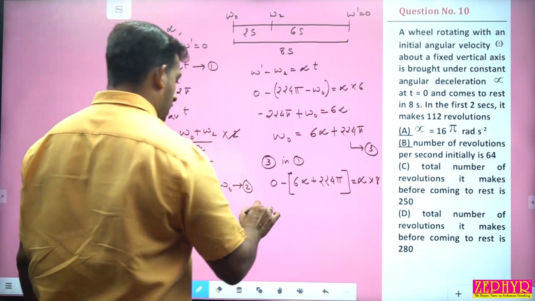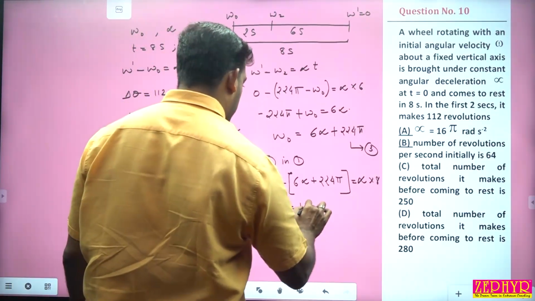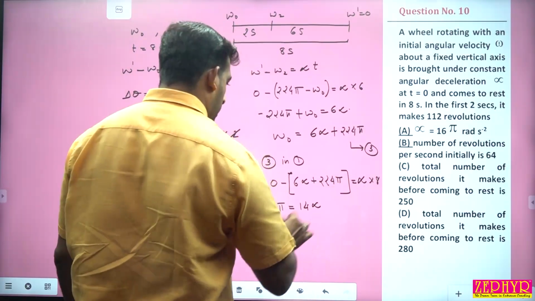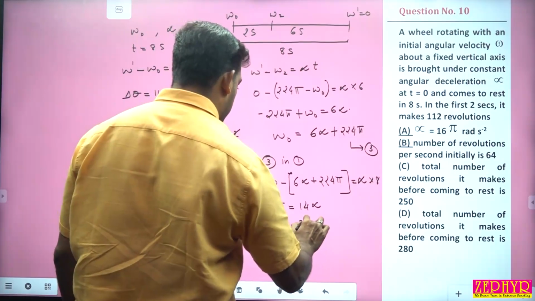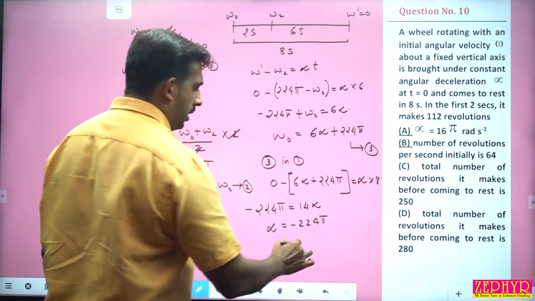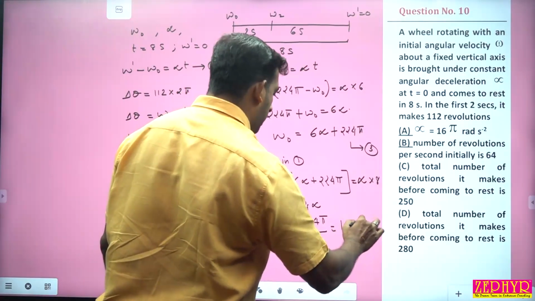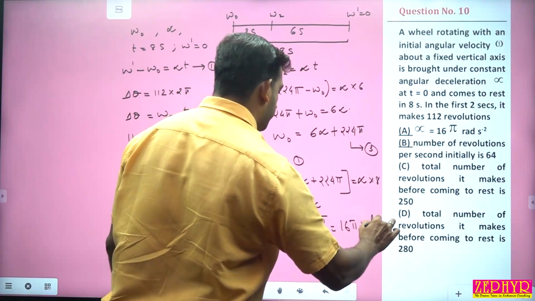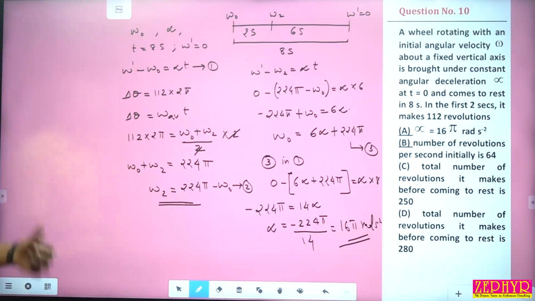That is 224 pi is equal to 14 alpha, or alpha is equal to minus 224 pi divided by 14. It is equal to 16 pi radian per second square. So the angular acceleration is equal to 16 pi radian per second square.